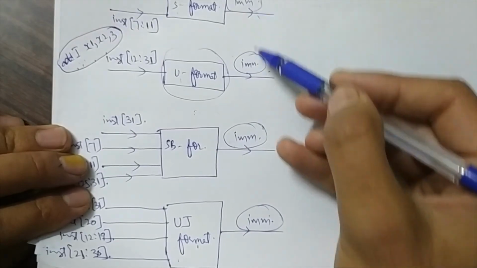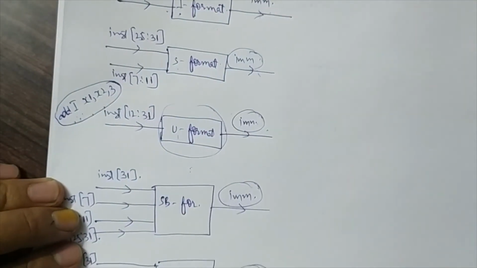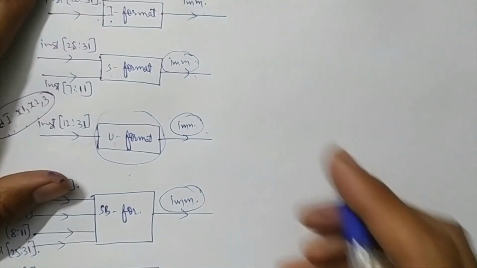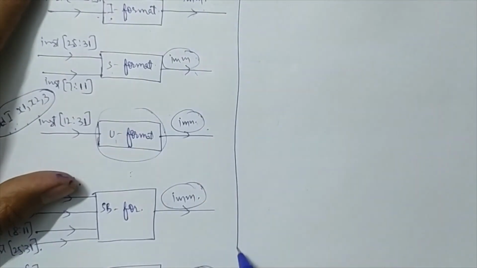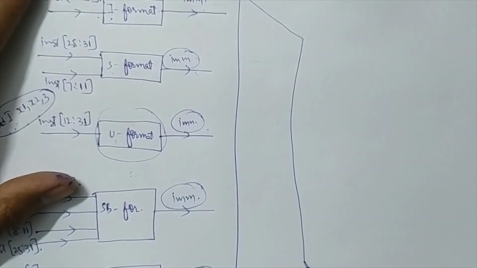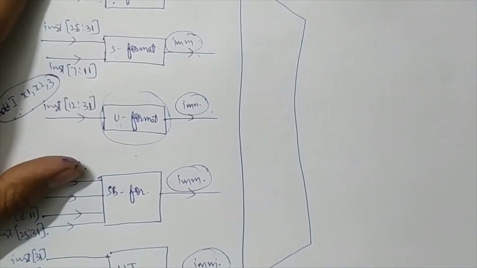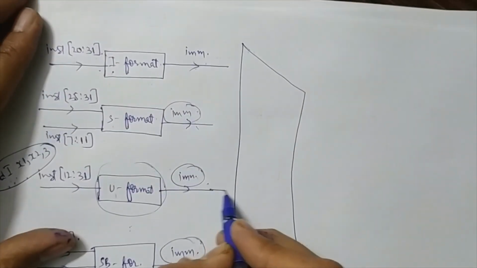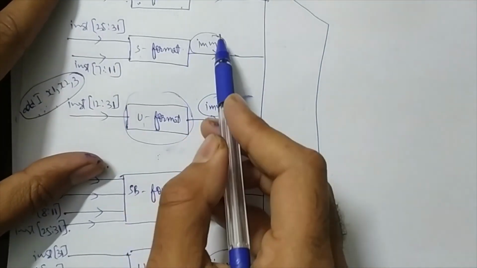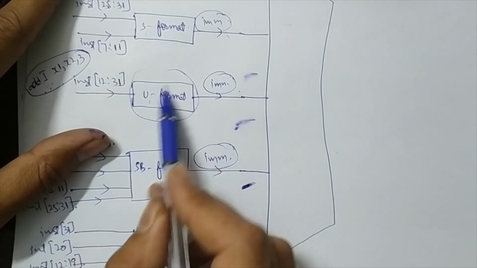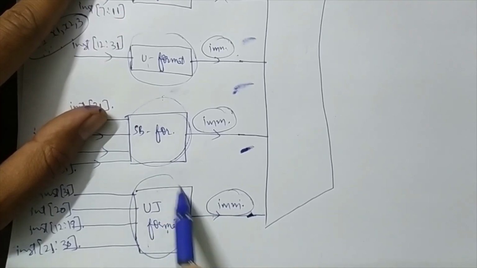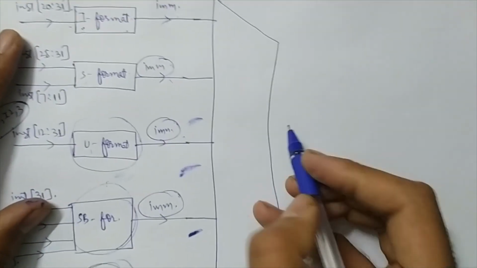So from these possible immediates generated by these five circuits, we have to choose one. For choosing that one, we will use a multiplexer. This multiplexer takes five inputs: the immediate given by the I format block, the immediate given by the S format block, the U format block, the SB format block, and the UJ format block. From these five, it will choose one.